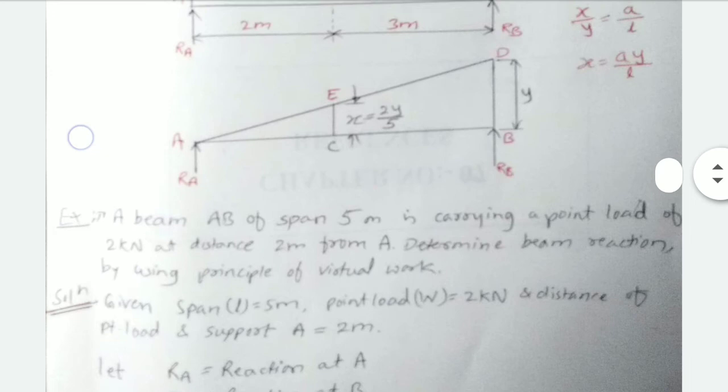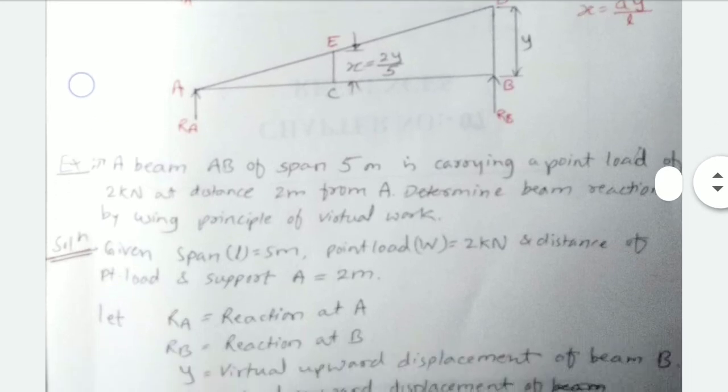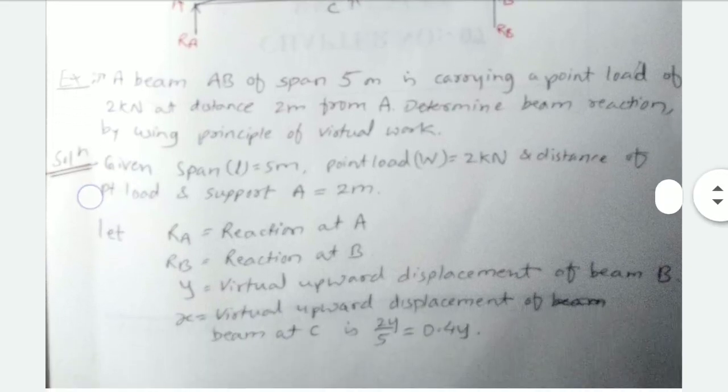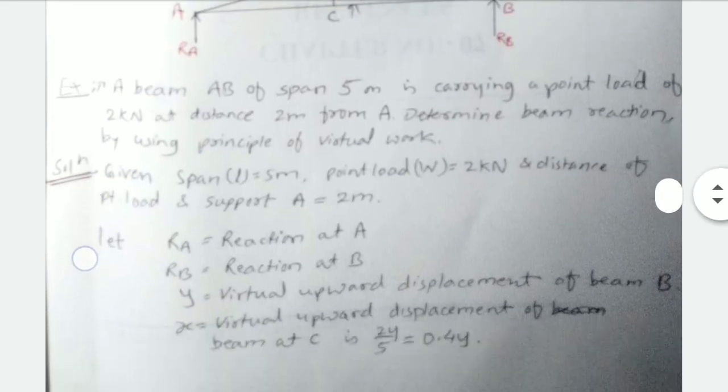Now we will solve. First, what is given to us: the total span L is 5 meters, the point load W is 2 kilonewton, and its distance from support A is 2 meters. Let RA be the reaction at A and RB the reaction at B; these two reactions we have to calculate.